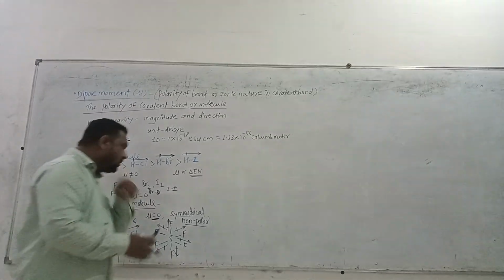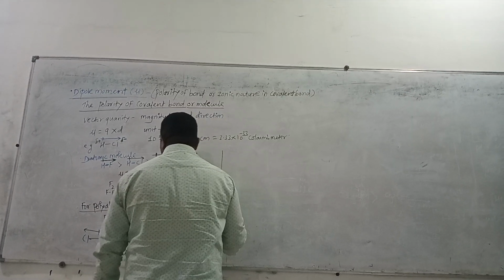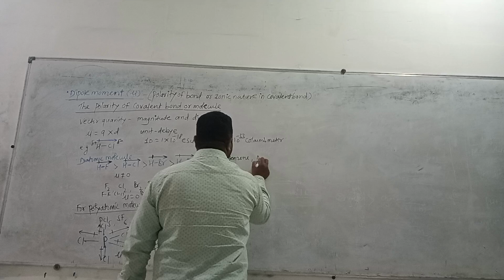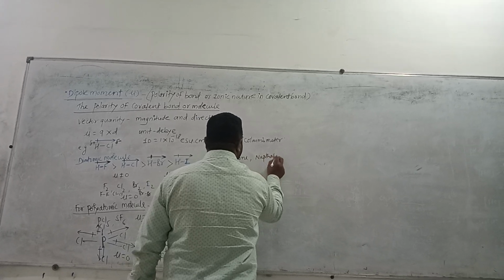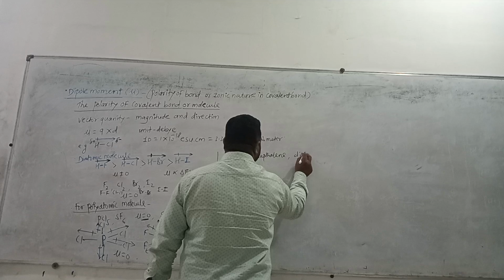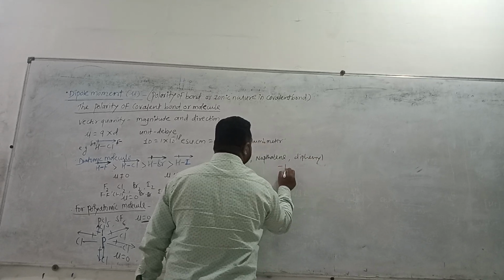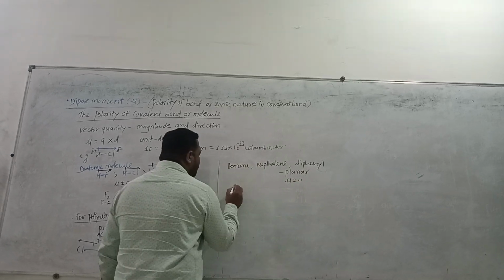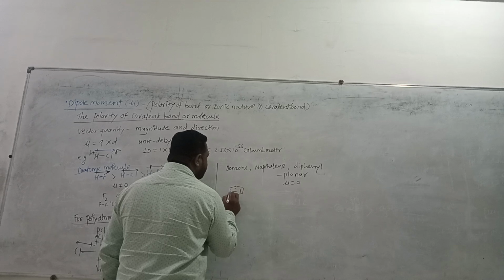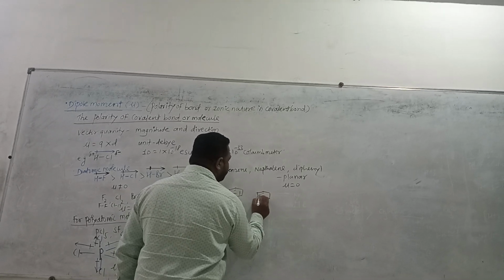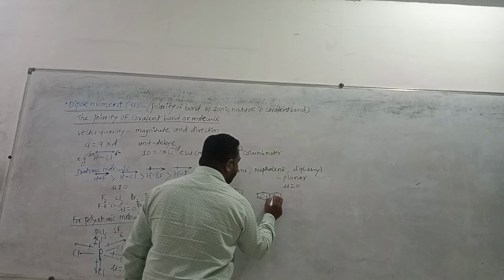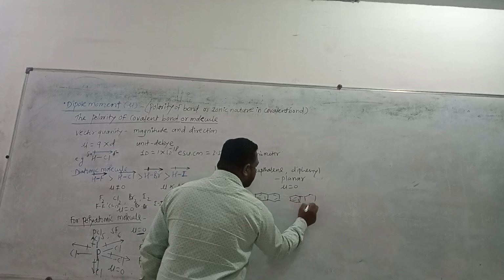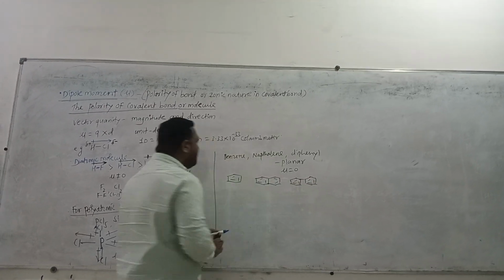Correct. Again we have to see the molecules benzene, naphthalene and diphenyl. These molecules are planar and have dipole moment 0. This is the benzene molecule, naphthalene, and in diphenyl two benzene rings are connected to each other.